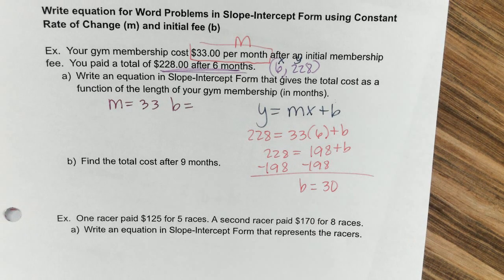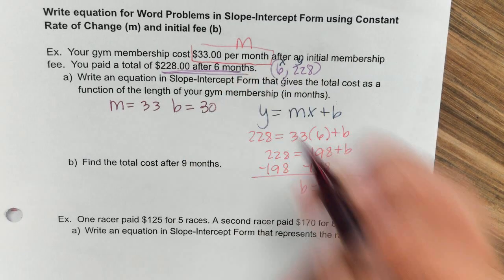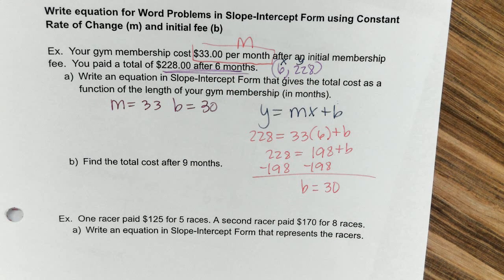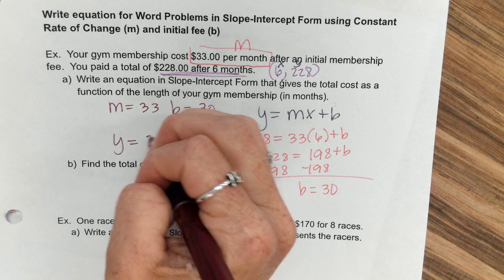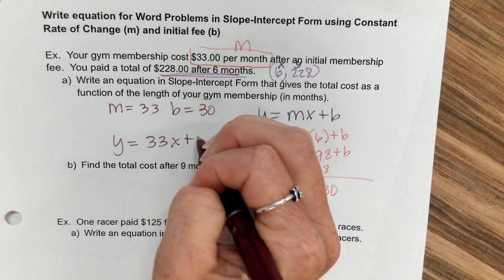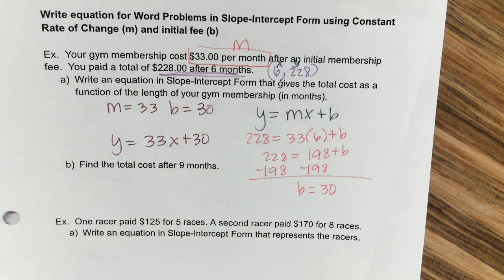30. So question, how much is the gym going to charge me per month? $33. What was my sign-up fee, my initial fee? $30. What is my equation? Y equals 33x plus 30.